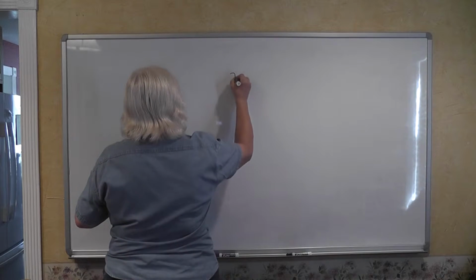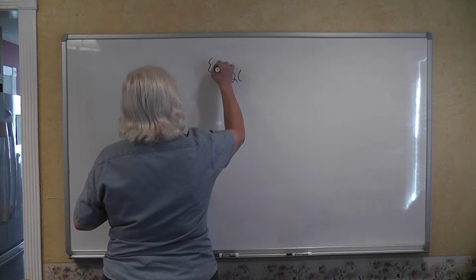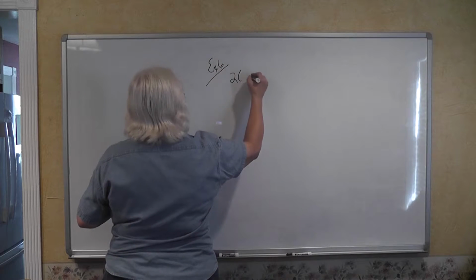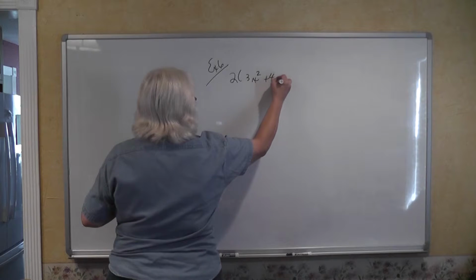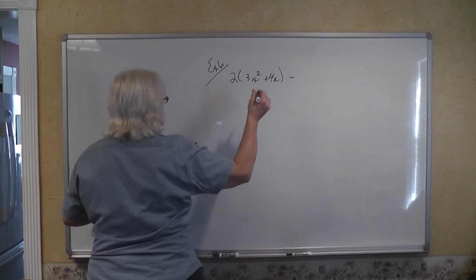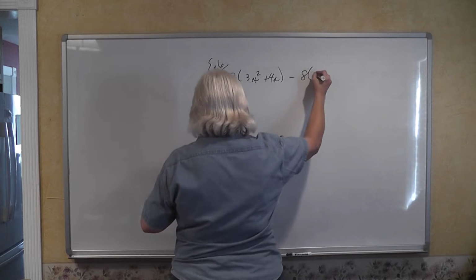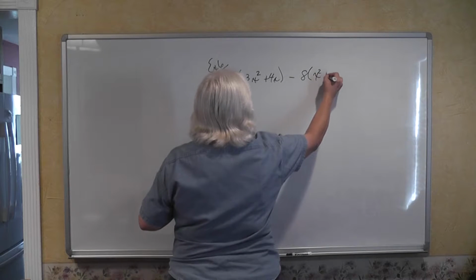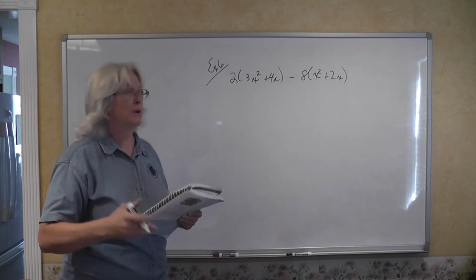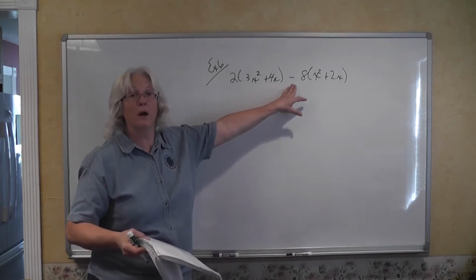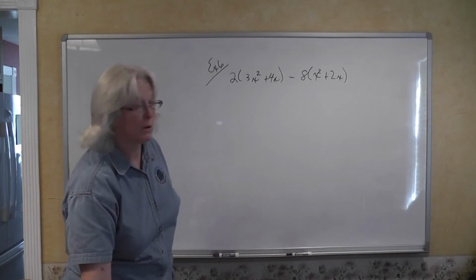Example number 6 is 2 times the quantity 3x squared plus 4x minus 8 times the quantity x squared plus 2x. This time we have the negative sign, beware. So what are we going to do?